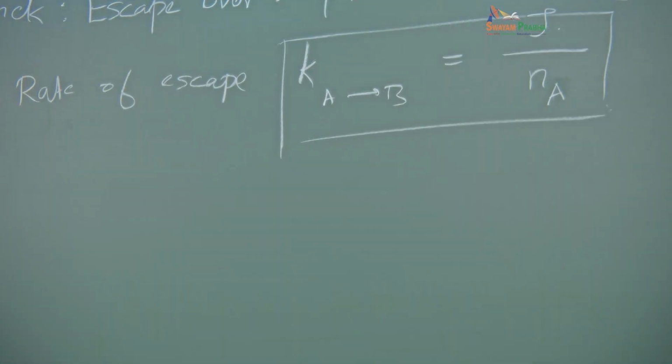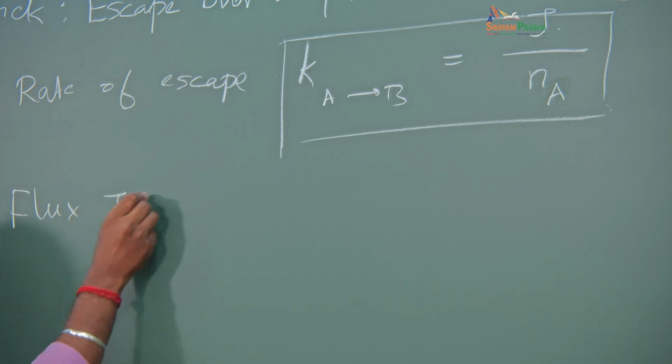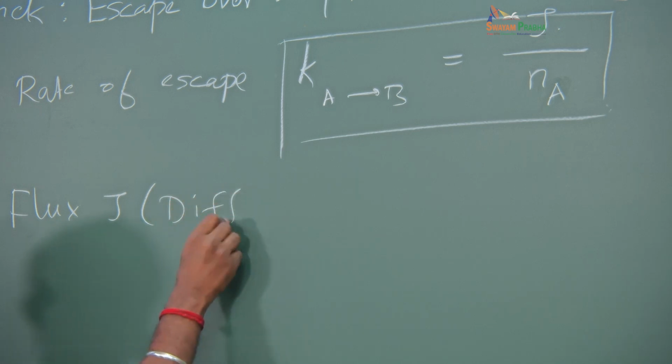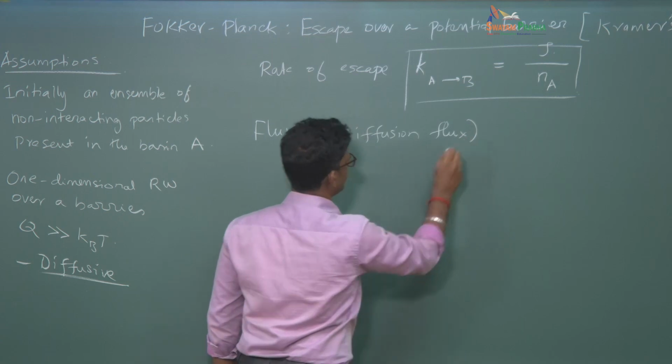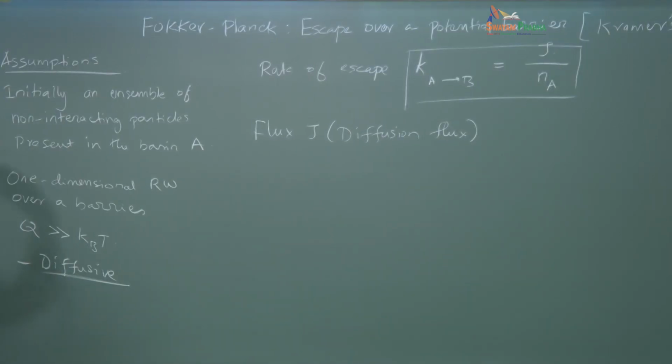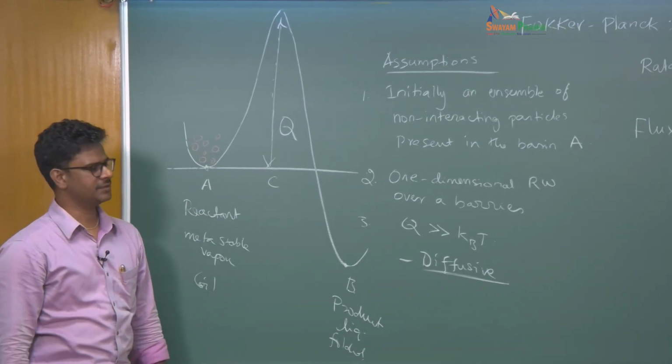So now to find the flux J, this is a diffusion flux. We have to cast this problem into a Fokker-Planck equation.